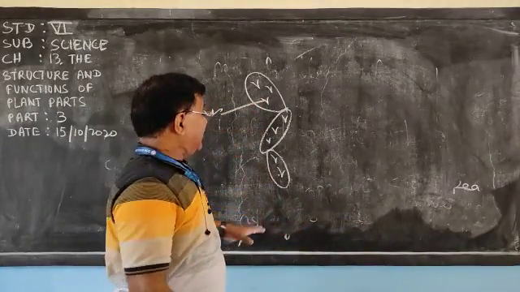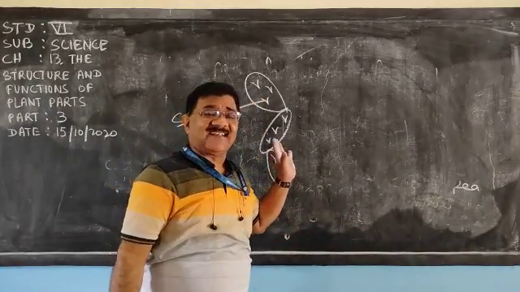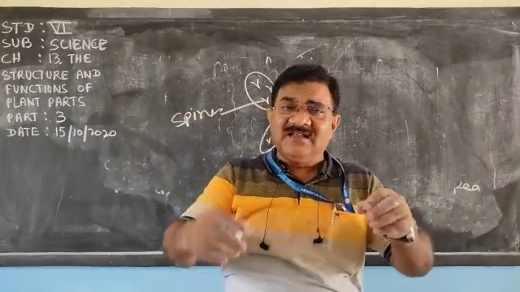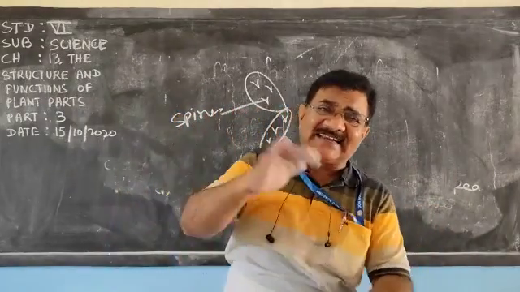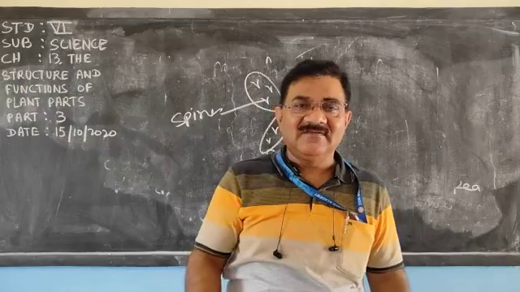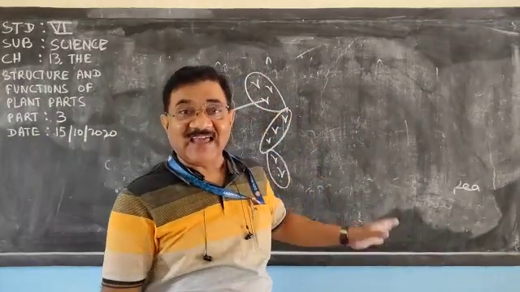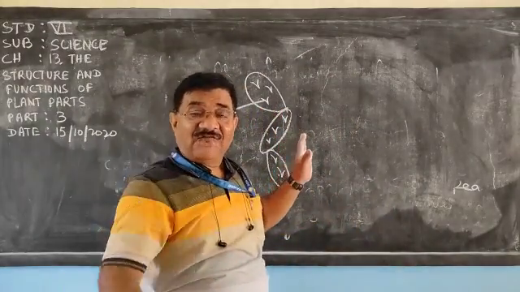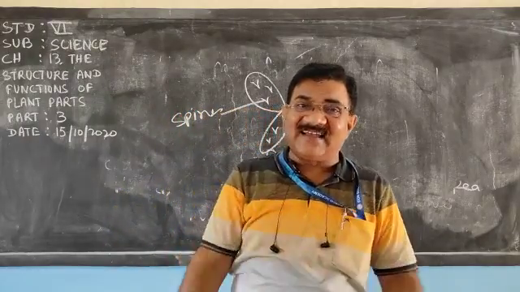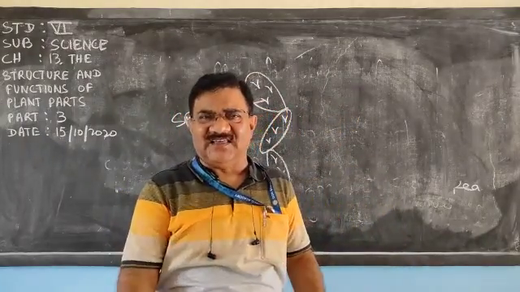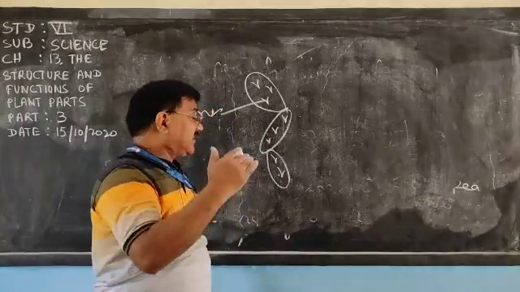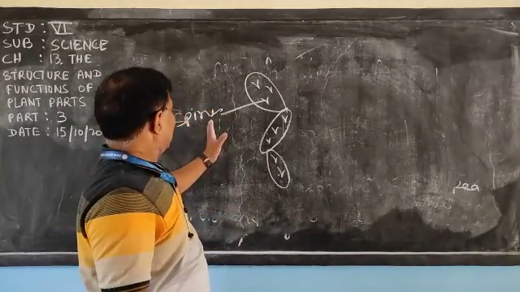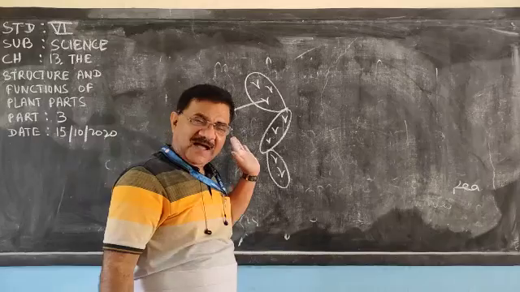And if we provide a sufficient amount of water to the cactus plant, this spine will again turn to leaf. So, in xerophytic plants or in deserts, less water is there, and to check the loss of water, the leaves are transformed to spines.